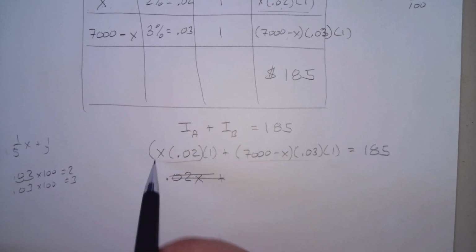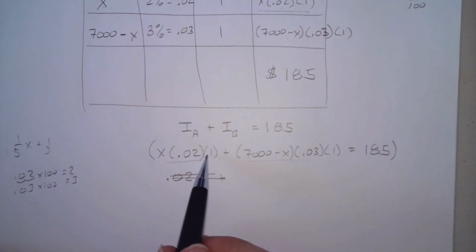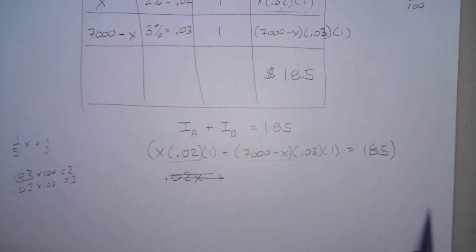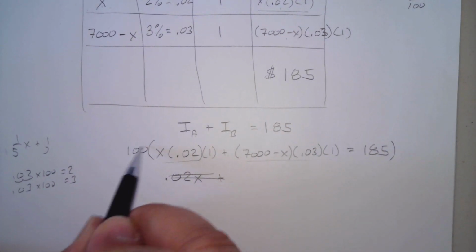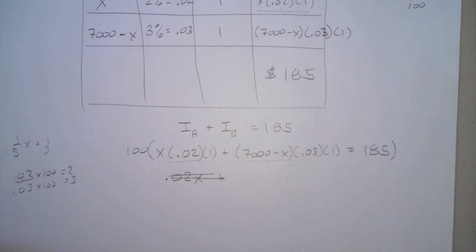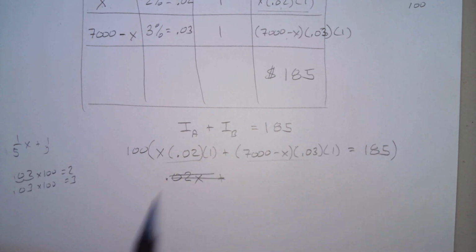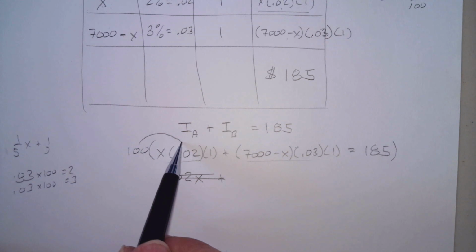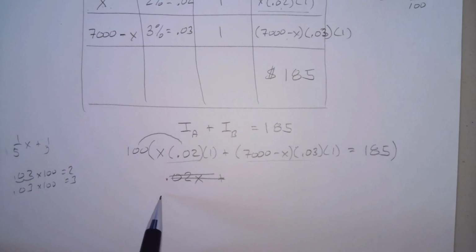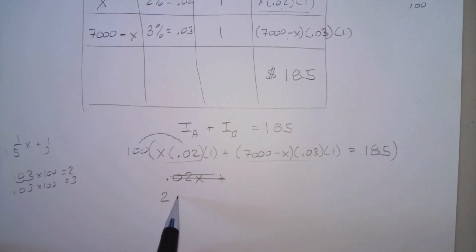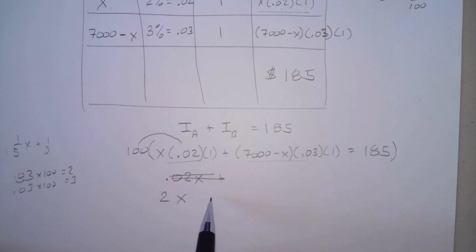So I have to multiply the entire equation by 100, because I have two decimal places to get rid of. So 100 times 0.02 is 2x times 1.